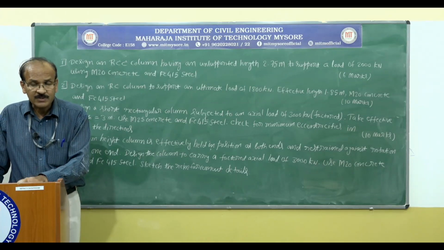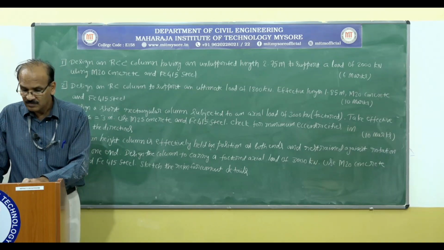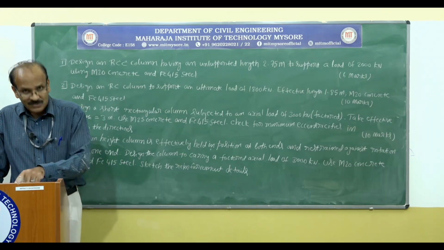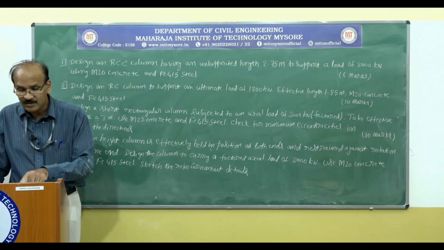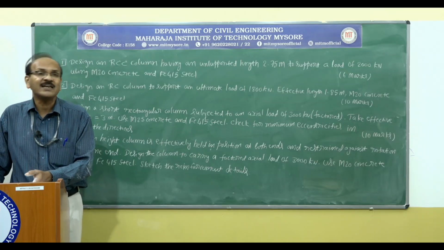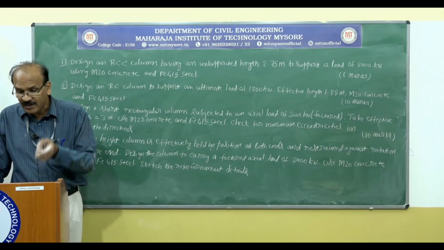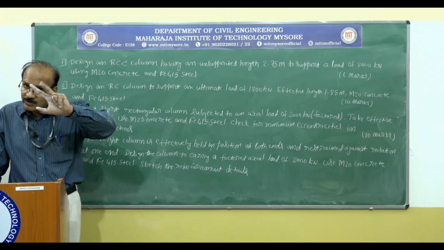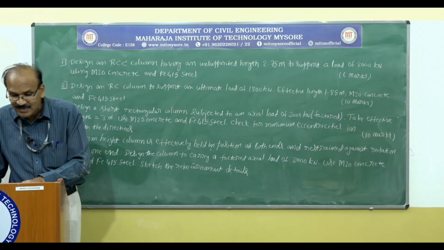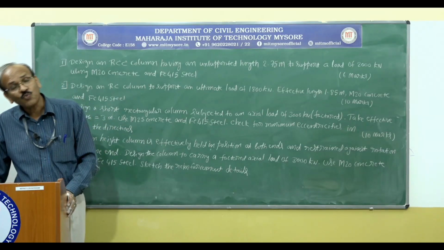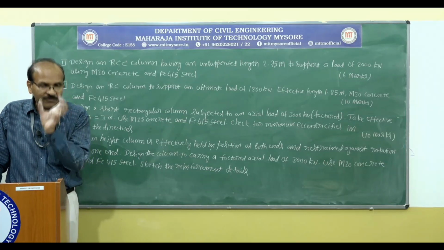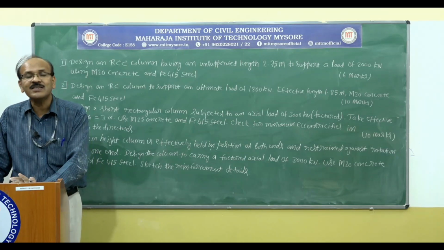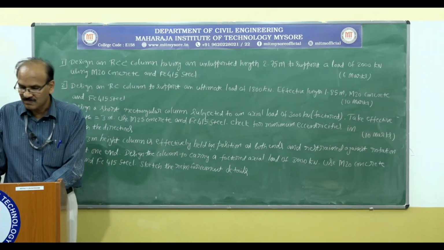On the first column, if you go to the second item, it says effectively held in position at both ends. That means both ends are hinged, and restrained against rotation at one end means one of the ends is fixed. So one end is hinged and the other end is fixed.